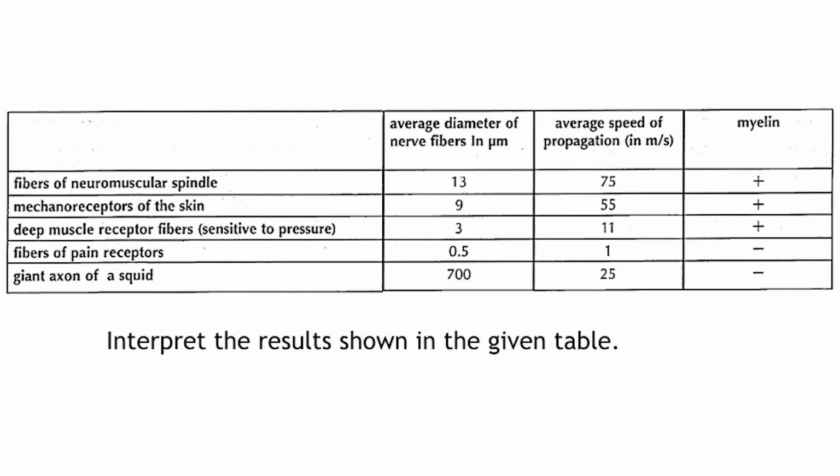This is the variable factor that leads to these results. And we have another variable factor, which is the myelin. We have 3 myelinated fibers, plus means presence. And we have these 2 fibers that do not have myelin, minus means absence.